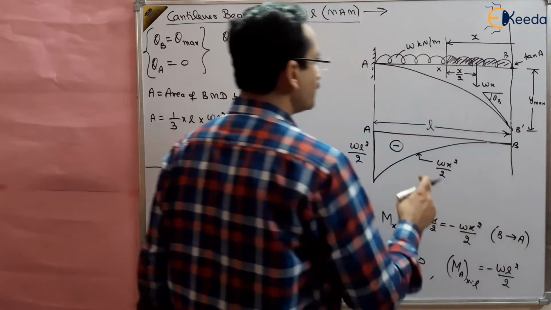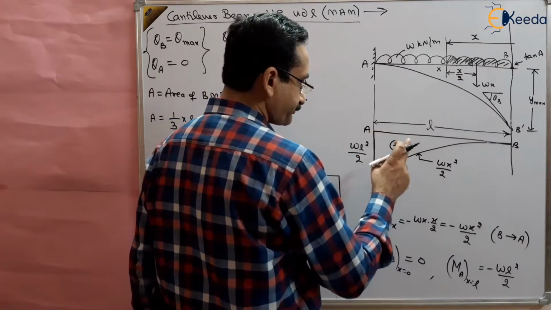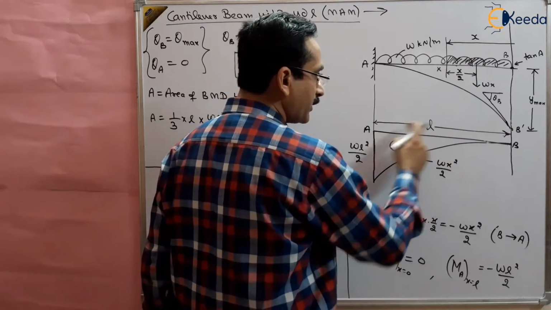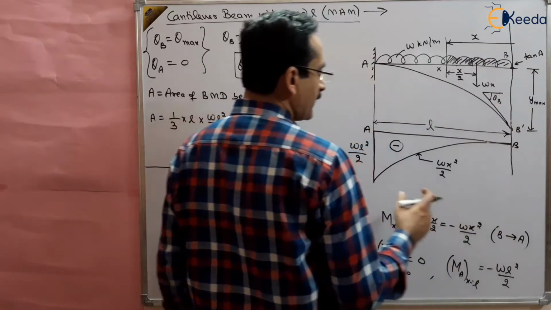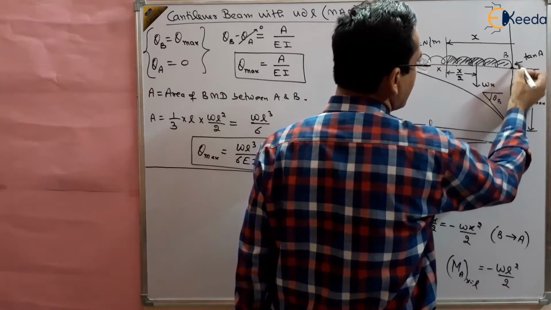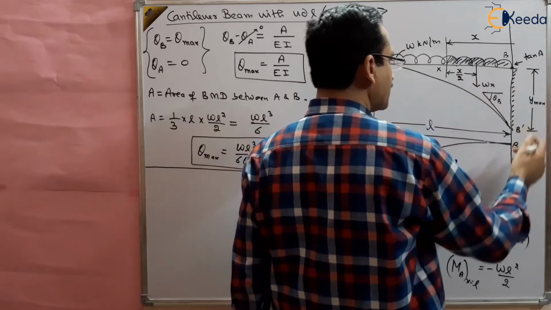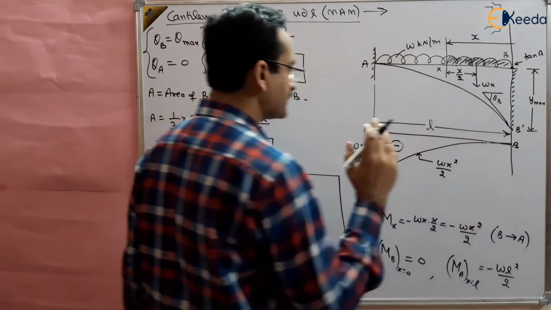Moore's theorem says that the moment of area about this reference line will give the deflection between these 2 points. So this is our reference line, and to find out the deflection, we have to take BB dash as the reference line.